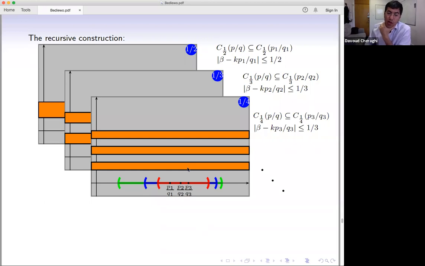And I would like to collapse these orange guys into a multiple of this rotation number, which will become alpha in the limit. So that we would conclude that beta minus a multiple of alpha is 0.